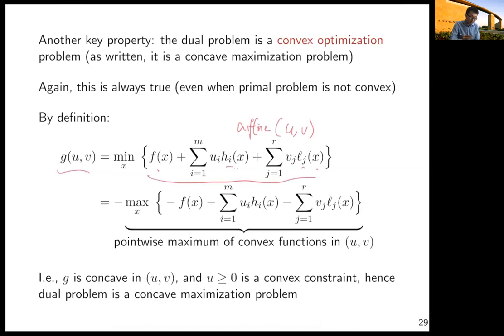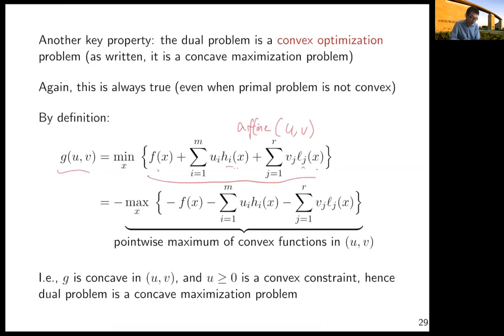That means that instead of minimizing this, we can add a minus sign and make this a maximization, and whatever is inside, we can treat as convex. But pointwise maximization of convex functions is convex, right? So ignoring this minus sign, this max over x part ends up being convex, regardless of what f, h_j, and l_j are.